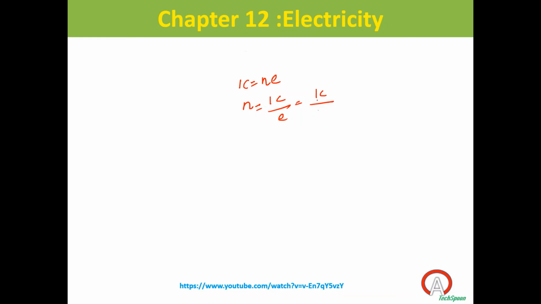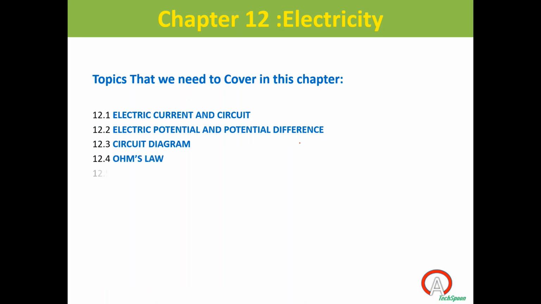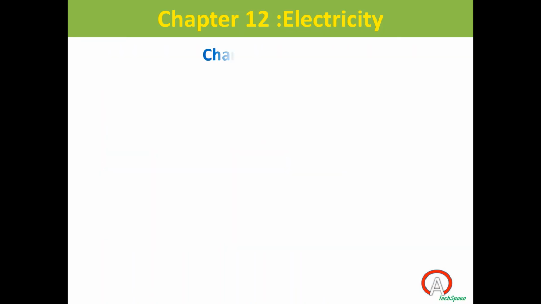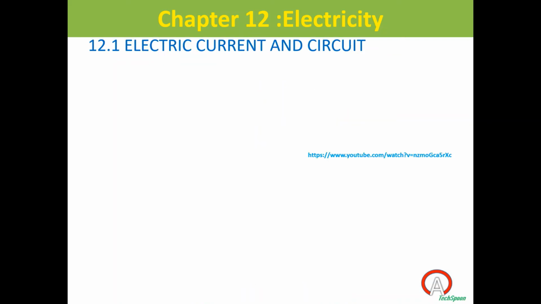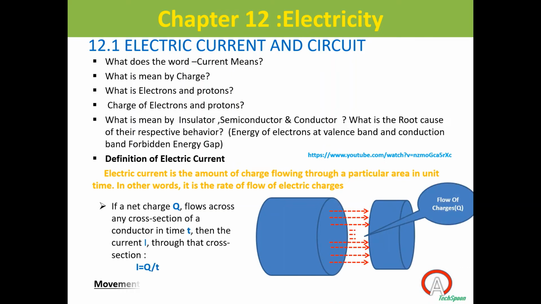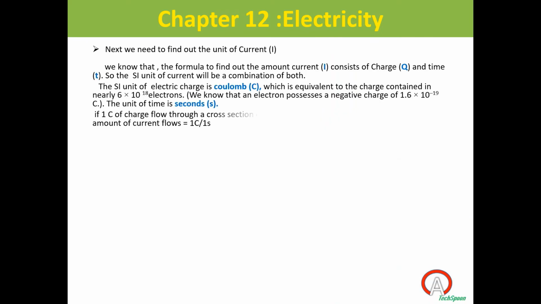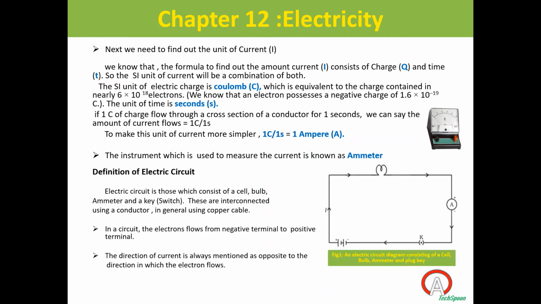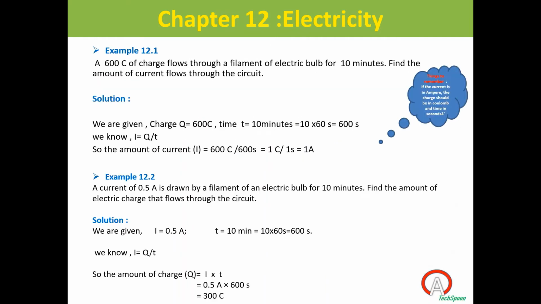What is the value of E? What is the charge of electron? 1.6 into 10 to the power minus 19. What will you get? 1 divided by 1.6 into 10 to the power minus 19 is equal to what?